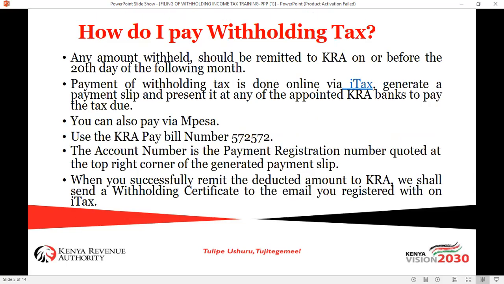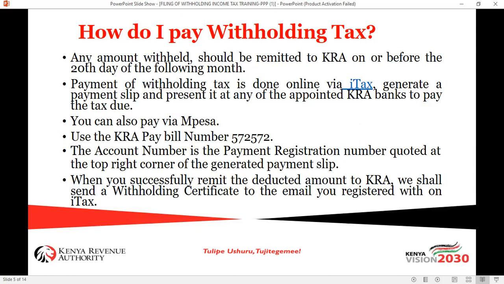Then any amount withheld should be remitted to KRA on or before the 20th of the following month. So pia iko na deadline. Payment of withholding tax is done online via iTax.